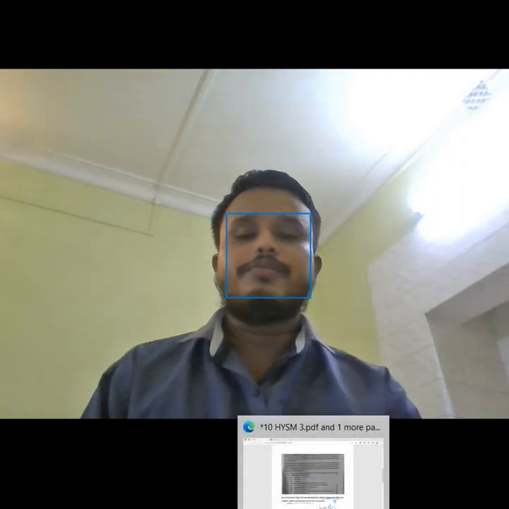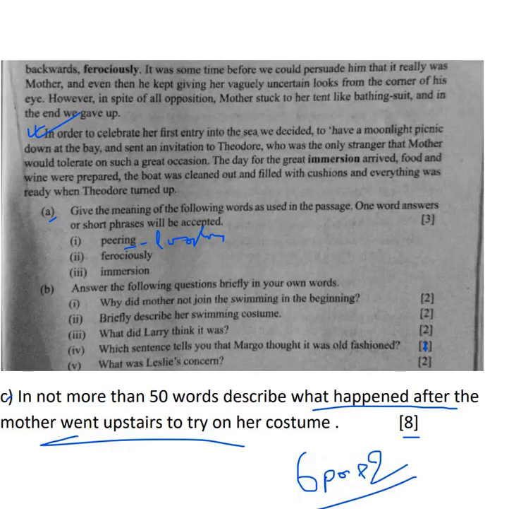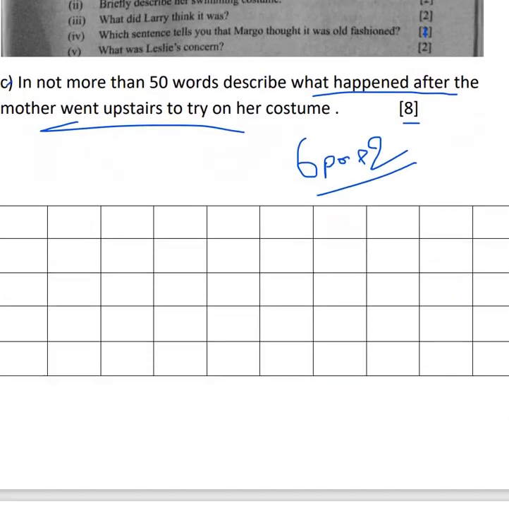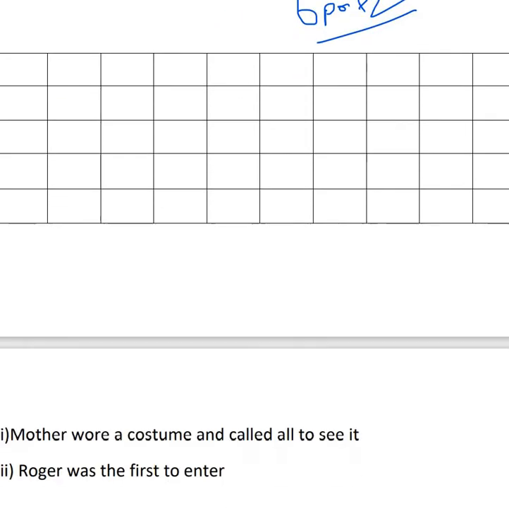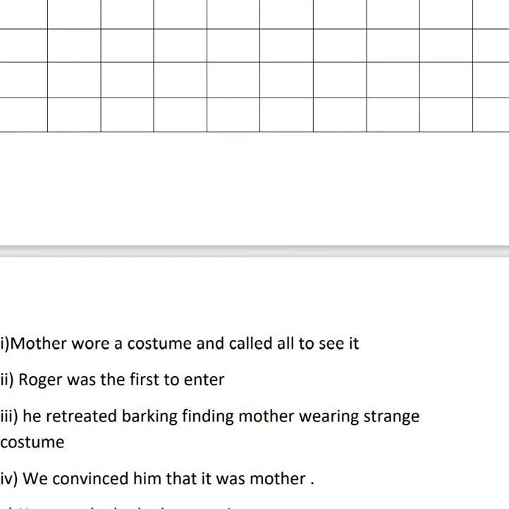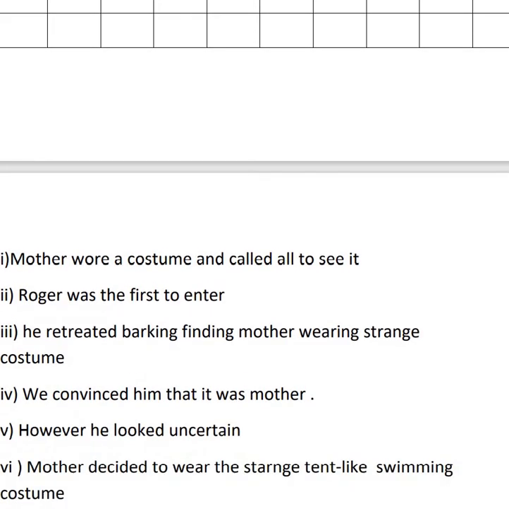For the rough draft you will have to draw these boxes, and then you will write the fair draft as usual. So what are the 6 points that I need to tell you? Mother wore a costume and called all to see it. The first point: Roger was the first to enter. Roger was the dog. He retreated barking, or you can write he came back barking, finding mother wearing the strange costume.